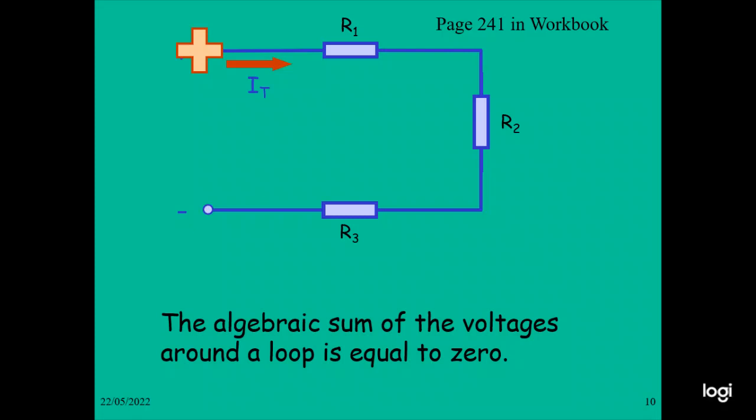The sum of voltages around the loop is equal to 0. This means the voltage across R1 is V1, across R2 is V2, across R3 is V3.